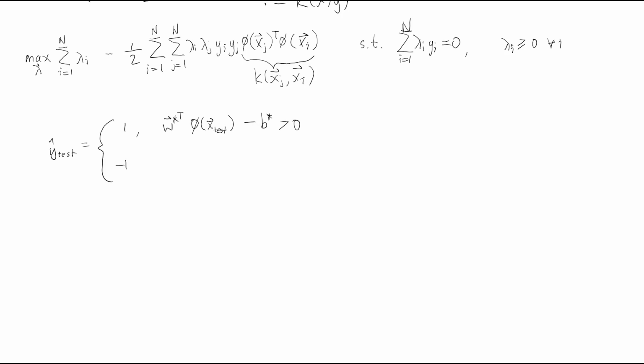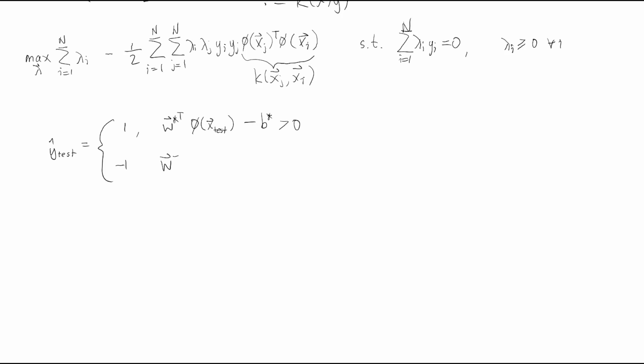After we obtain W star and B star, we evaluate the feature of a test sample, and then evaluate W transpose phi of x test minus B star to see if that is greater than or equal to 0. If that is greater than 0, that means the data point lies on one side, the positive side, of the hyperplane.